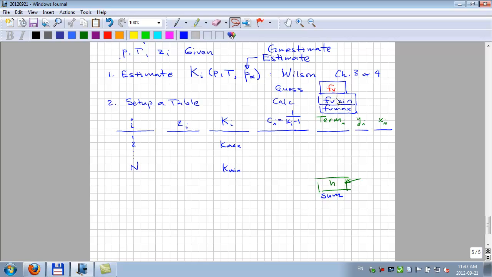When red changes, all these green things change. Okay? And what we want to do is drive this to 0 or some epsilon.